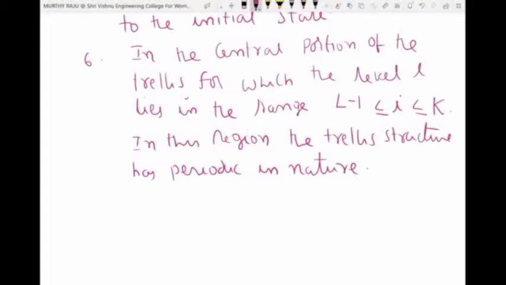These are some important points related to trellis structure.